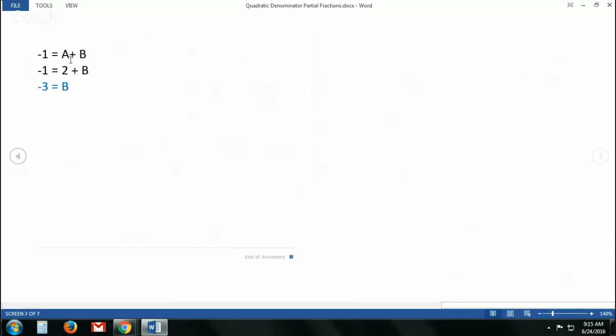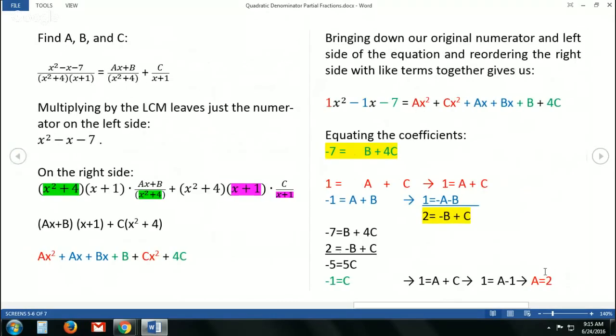So if I take 2 and put it in for that a, then if I subtract 2 from both sides, looks like b is going to be -3. We were asked on this problem to find a, b, and c. b is -3, a was 2, and c was -1. So we're done on this particular problem.